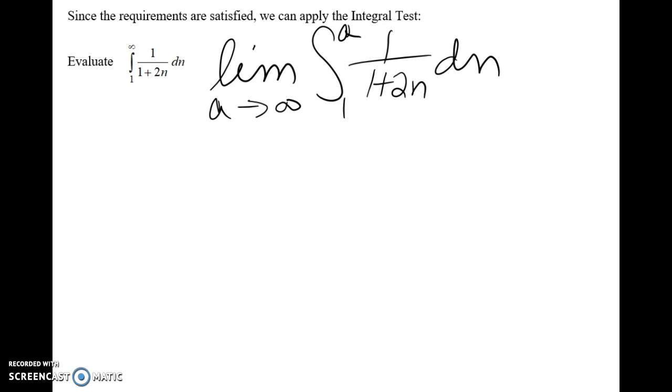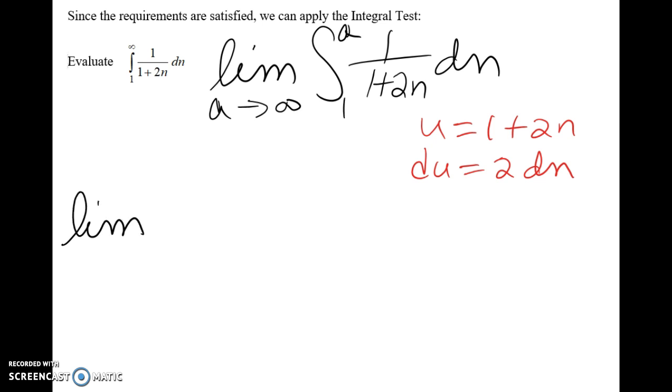Before we can integrate, we're going to need a proper strategy box. So u is equal to 1 plus 2n, and du is equal to 2 dn. We do not have the 2 dn, but that's okay. It's just a number and we can go get it. So we take the limit as a approaches infinity.